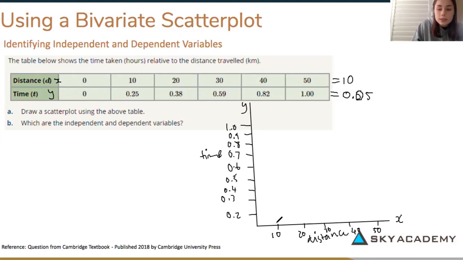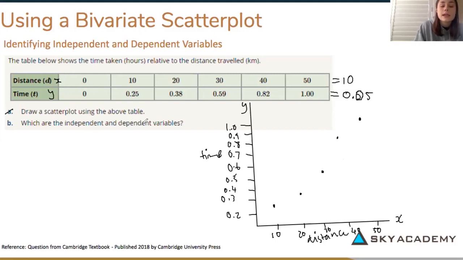Let's fill in those points. So 3.8 might be about there. 30 with 5.9 might be about there. 40 with 8.2 might be about there. And 50 with 1.0 might be about there. So now I'm drawing my scatter plot.